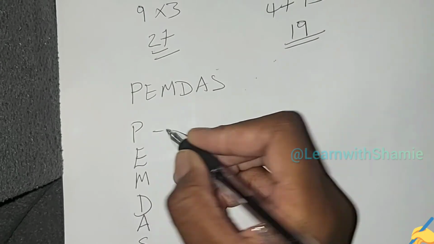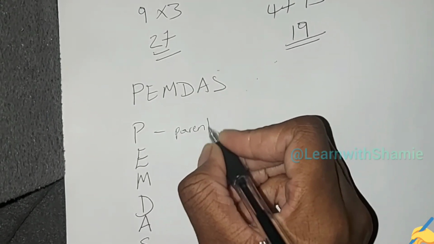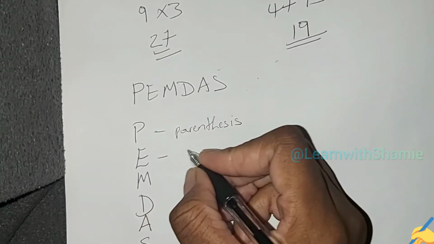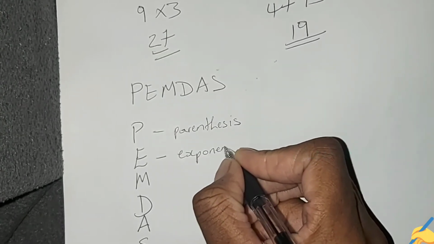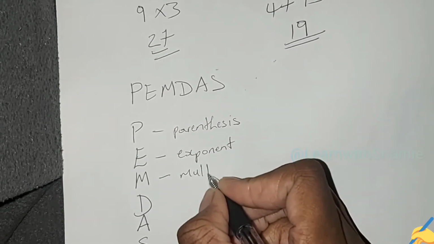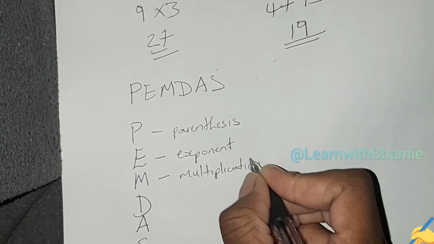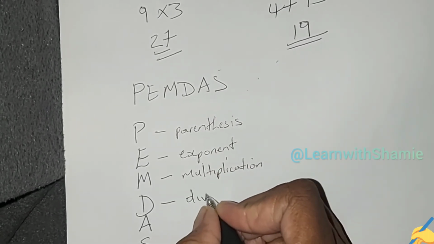So P stands for parentheses. E stands for exponent. M stands for multiplication. D stands for division.